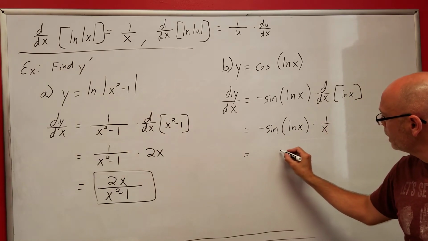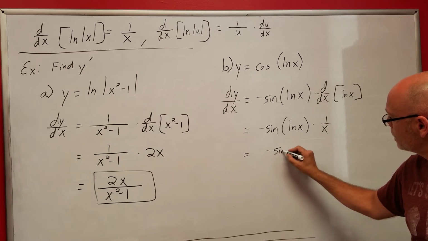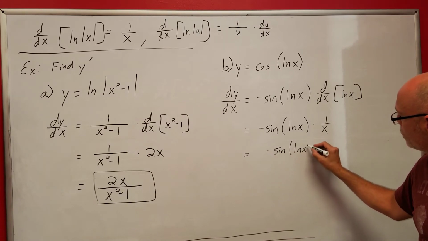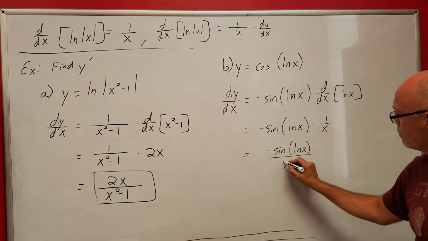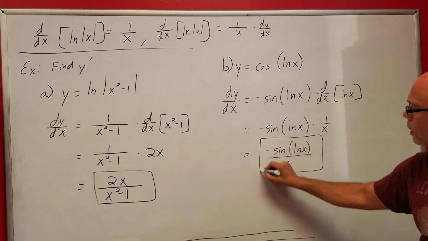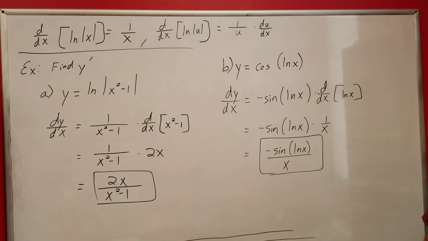Well, if I multiply that, I get negative sine of the natural log of x all over x. Really, if you get these rules down for this section, it's not too bad.